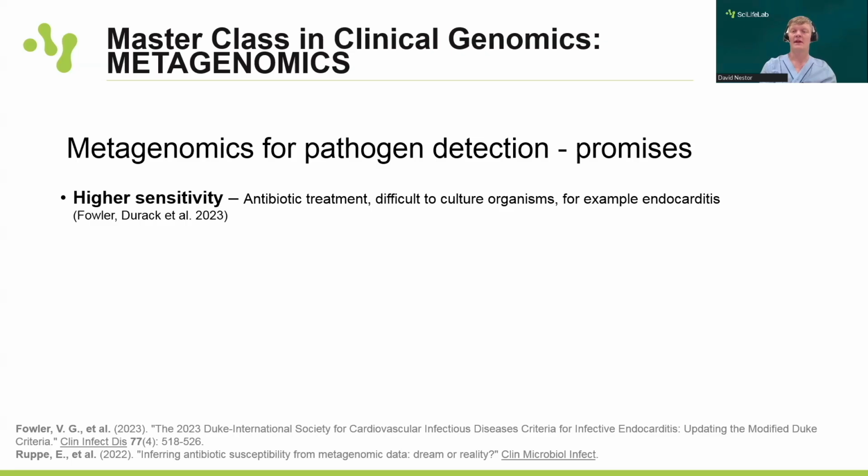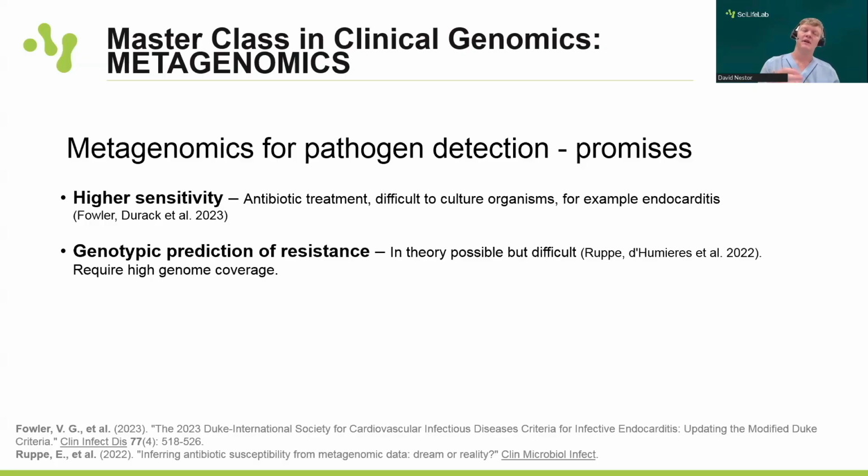One disease group that could be mentioned here is endocarditis, and recently metagenomics was proposed as a way to diagnose endocarditis because it can be caused by difficult to culture organisms. For the interested, you can read more in that paper.